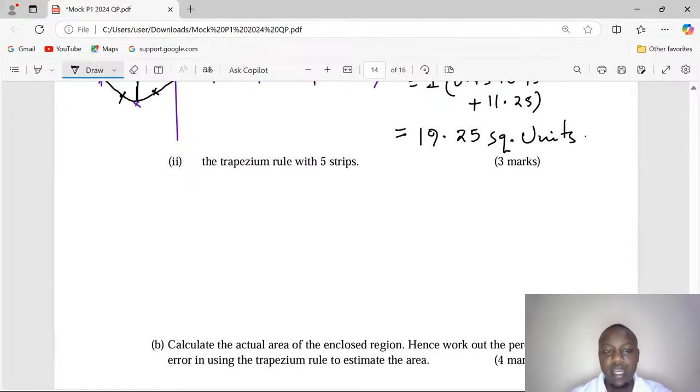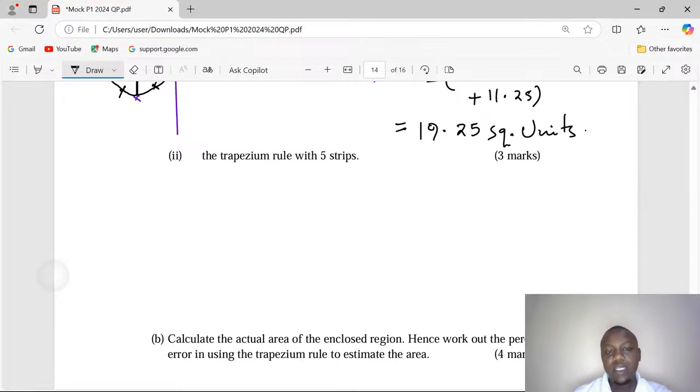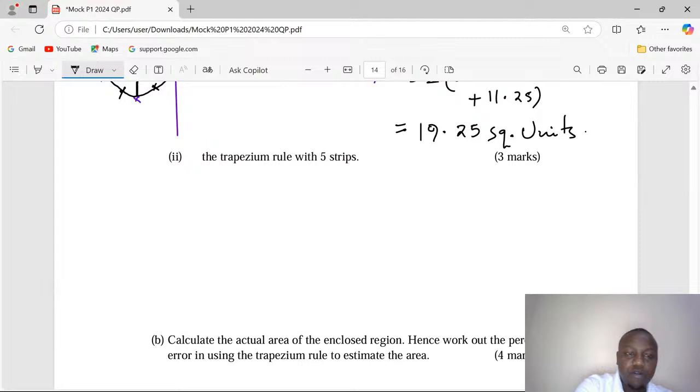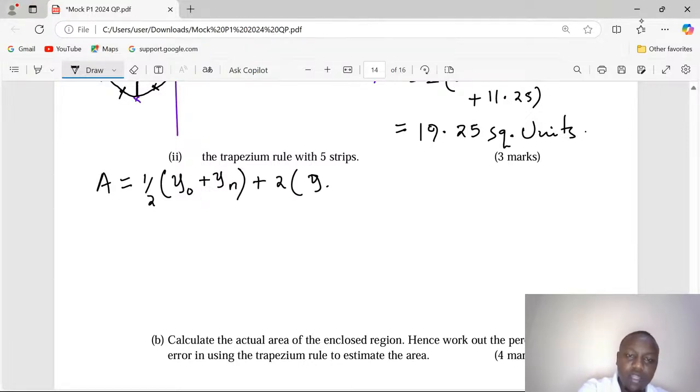The second one now is the trapezium rule with 5 strips. You know, the trapezium rule says that area is usually given by half the first and the very last plus 2 multiplied by all the other heights now.